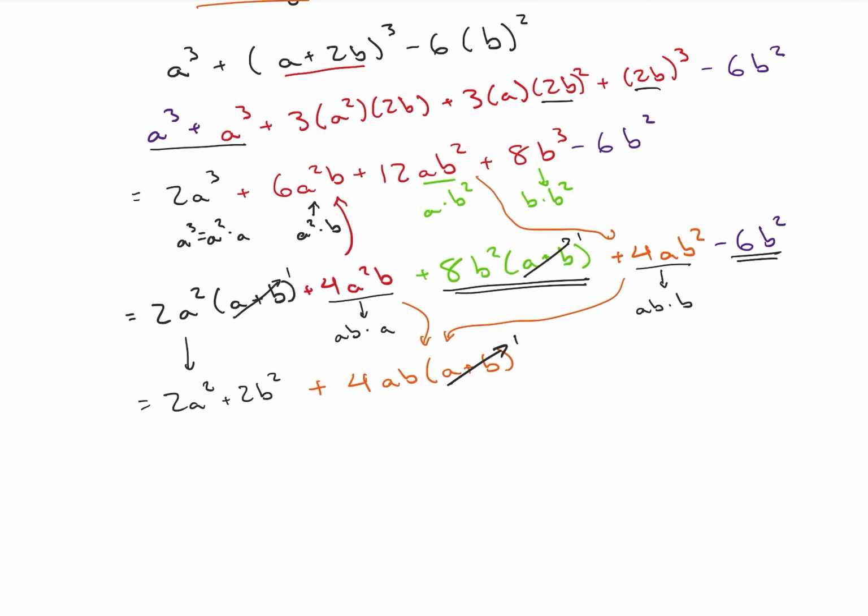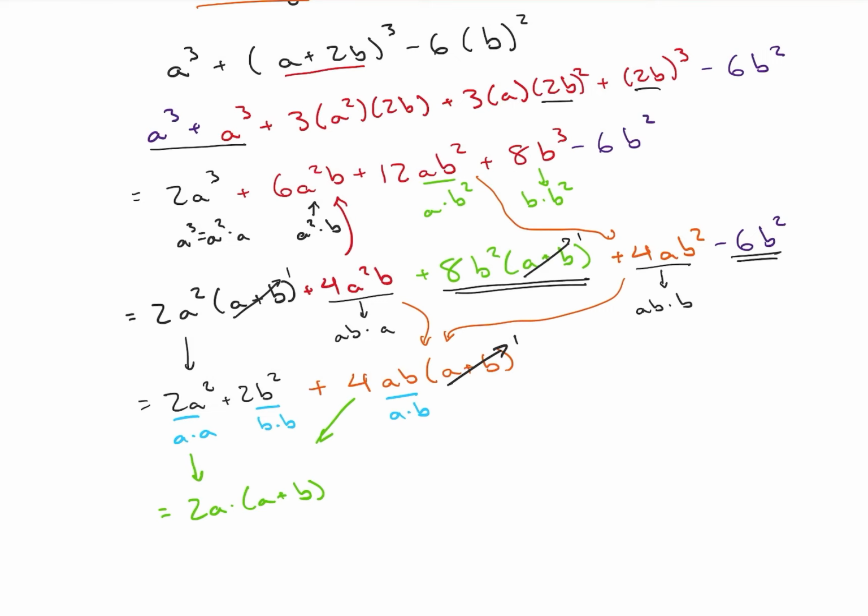So I notice that this guy is a times a, and this guy is a times b. This guy is b times b, and this guy is a times b. So I'm going to take 2 different groupings. So this guy is going to get 2a times a plus b, and I'm taking 2 of those guys over there.